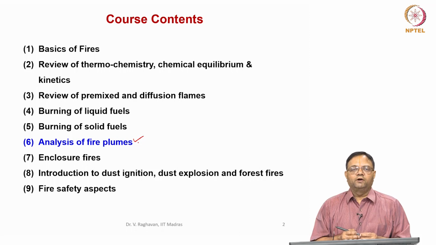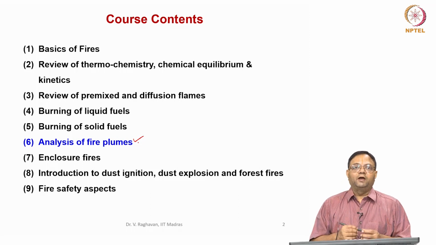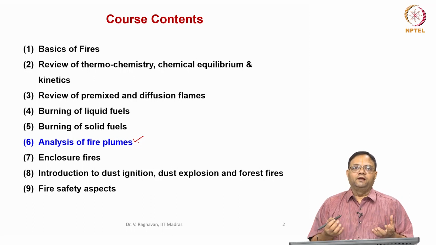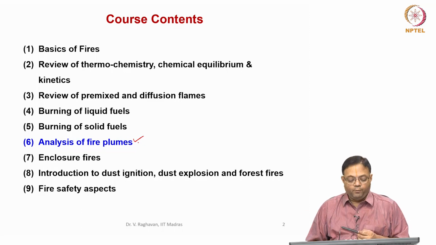So stronger fires can be detected sooner. So the analysis of fire plume includes first the understanding of the fire plume, which is the vertical rise of the hot gas. Then after it hits the ceiling, basically within an enclosure, how it spreads as a ceiling jet, that is also covered in this particular module.